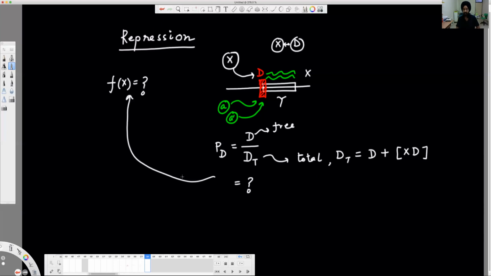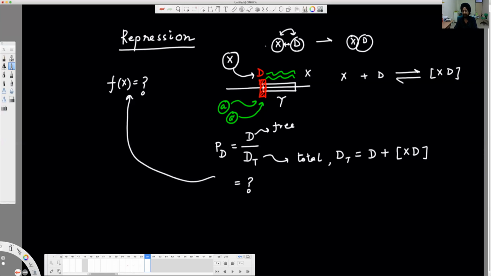So let us look at what happens when X strikes D. Okay. If X is striking D, they can make a complex, right? So the correct way of writing this is X plus D is giving you the XD complex, right? And let us say this will depend on the rate of striking, how often X and D are striking with each other, right?